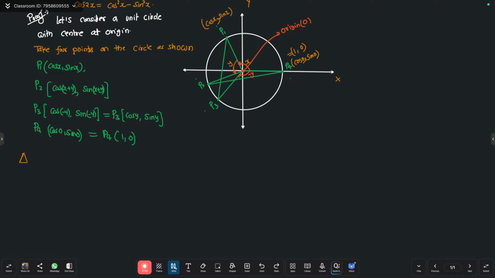Now see, there are two triangles. Triangle P2 O P4 and one triangle is P1 O P3. So we will use the property so that we will prove that these two triangles are congruent.